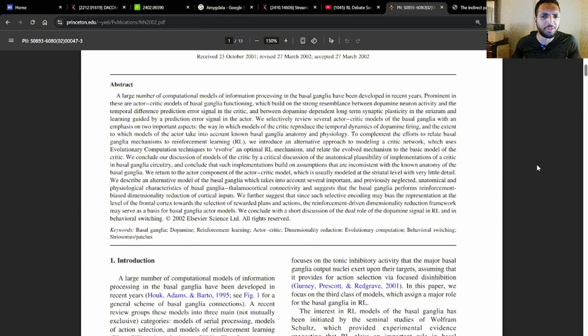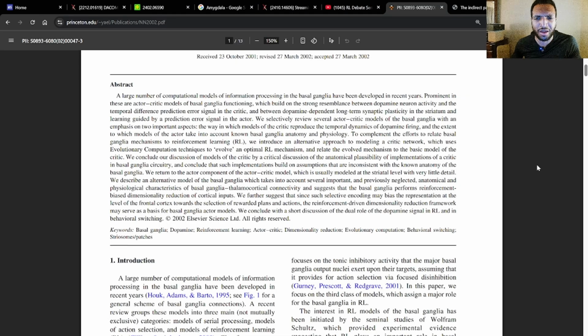Large number of computational models of information processing in the basal ganglia have been developed in recent years. Prominent in these are the actor-critic models of basal ganglia functioning, which build on the strong resemblance between dopamine neuron activity and the temporal difference prediction error signal in the critic, and between dopamine-dependent long-term synaptic plasticity in the striatum and learning guided by a prediction error signal in the actor.